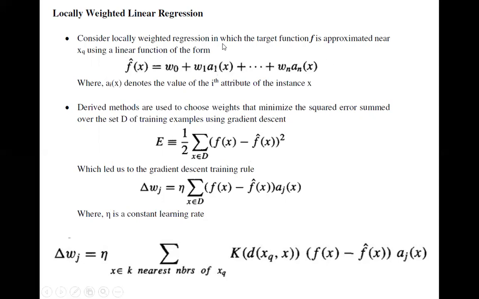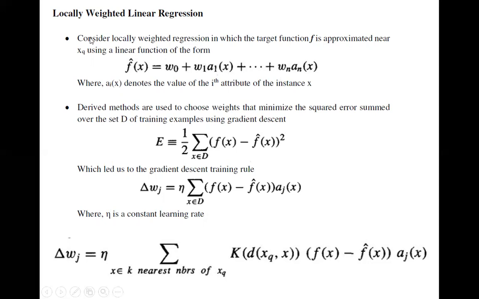Consider a locally weighted regression in which the target function f is approximated near xq using a linear function of the form f of x equals w naught plus w1 a1 of x plus w2 a2 of x and so on up to wn an of x. Here w naught, w1, w2, wn indicate the weights, and a1 of x, a2 of x, up to an of x are the attributes of the instance x. a1 is the first attribute of x, a2 is the second attribute, similarly an of x.